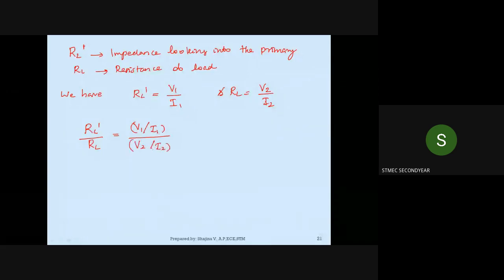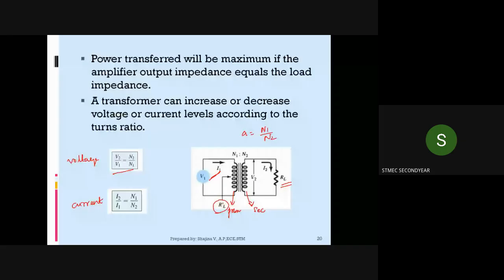Now I can write it like this. From the expression, V2 by V1 is equal to N2 by N1, so V1 by V2 is equal to N1 by N2.